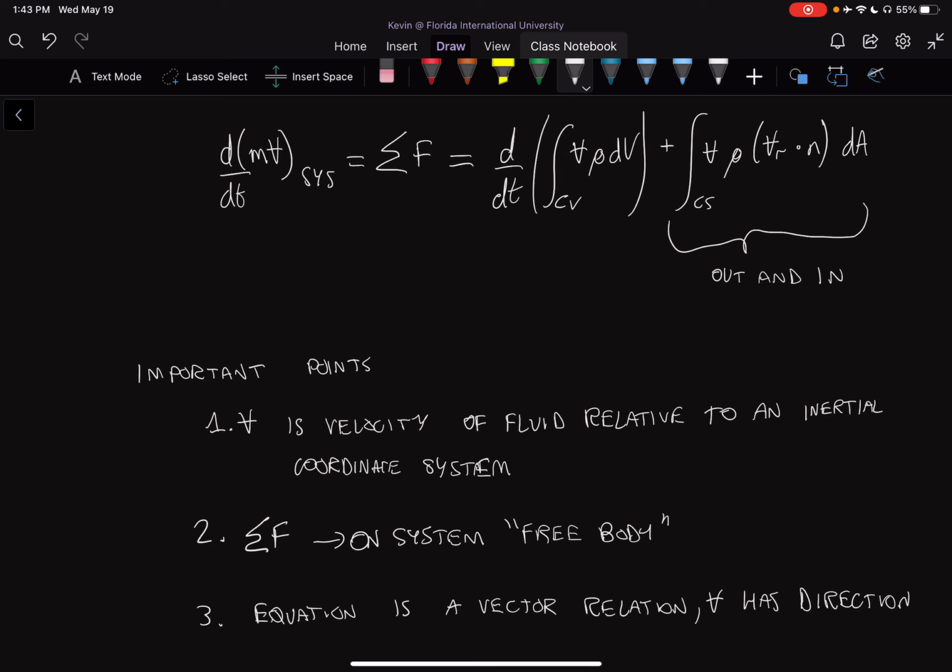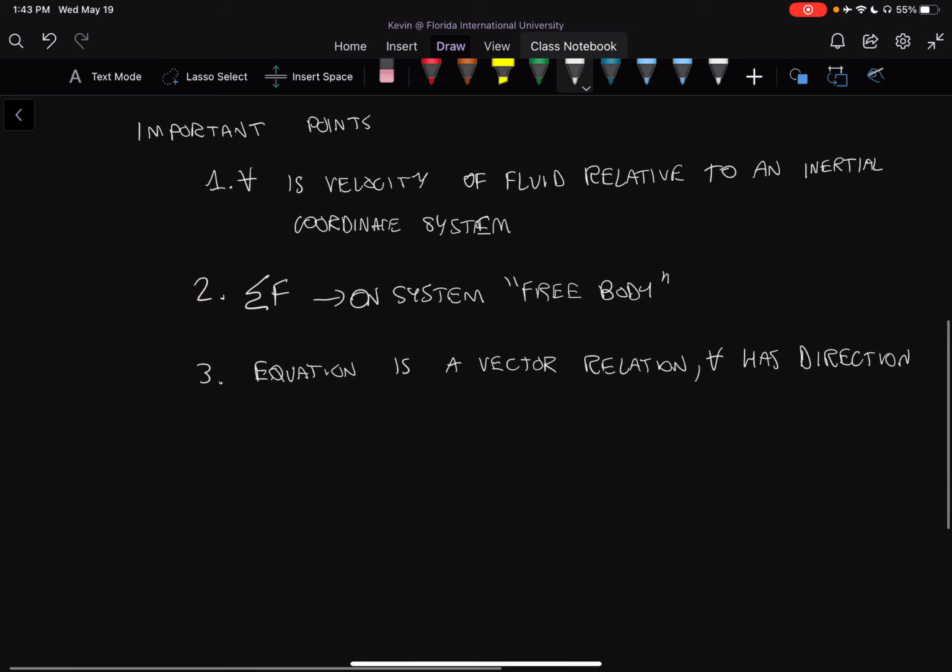In order to make it easier, we can use different terms for different directions, and we're actually going to come up with a system of equations with 3 different directions instead of just one, to make it easier to solve problems. The first direction is the x direction, and if we use the x direction, we can say that Vx is equal to little u.